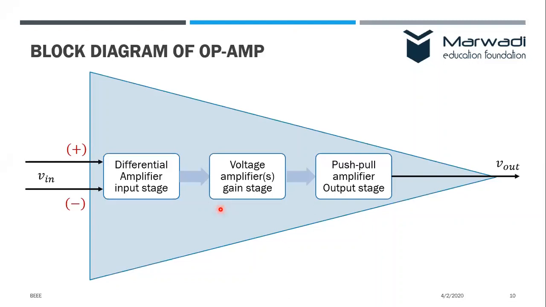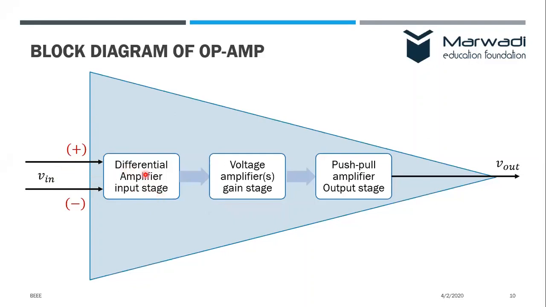The first block is called the differential amplifier input stage, which takes the difference of the input signals of the plus terminal and the minus terminal, right? So we get this signal minus this signal, and then it is given to the differential amplifier input stage, right?